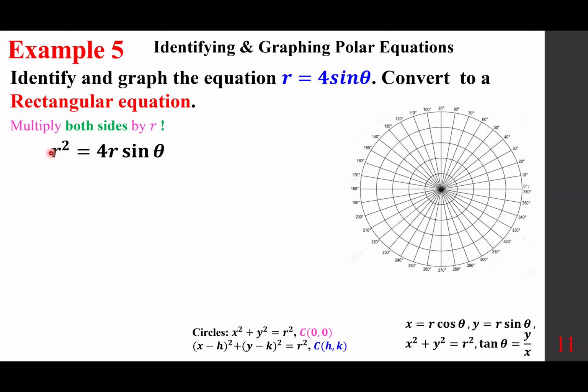You replace the r squared with x squared plus y squared, and 4r sine theta is y. And this takes us to a rectangular coordinate system. We know how to handle it by moving the 4y next to y squared. We recognize this as a circle, and we have to complete the square.